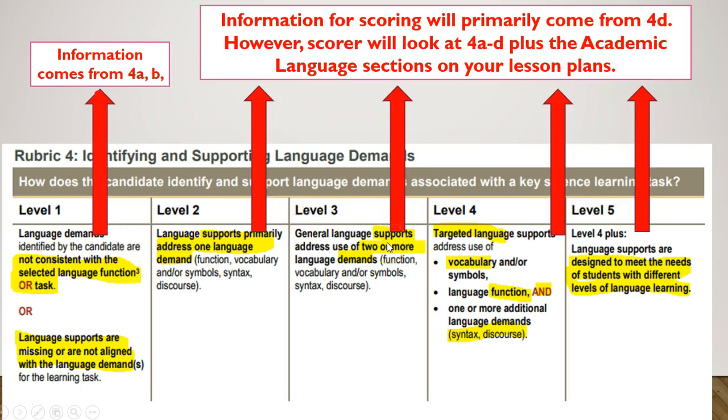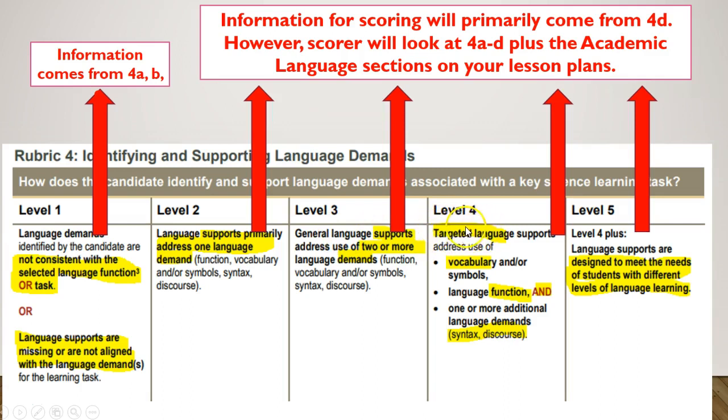If you describe support for 2 of these demands, function and vocabulary, or say vocabulary and discourse, then that's going to be a 3. But if you have targeted support, so here's the difference between general, targeted.